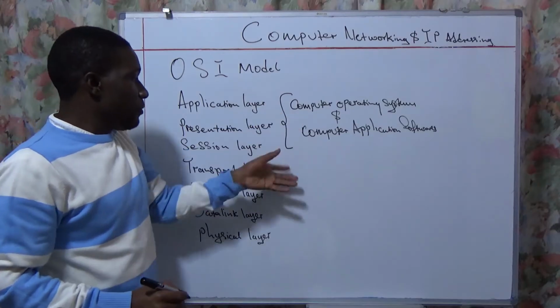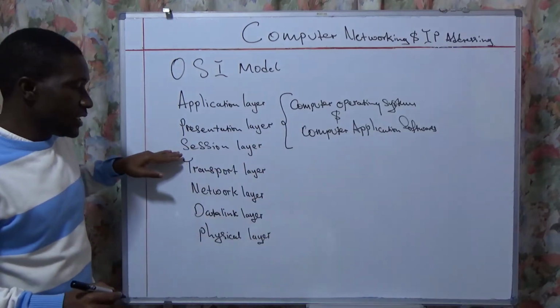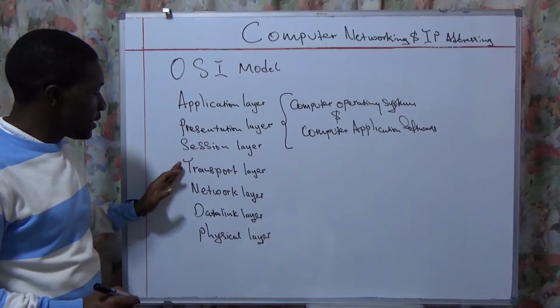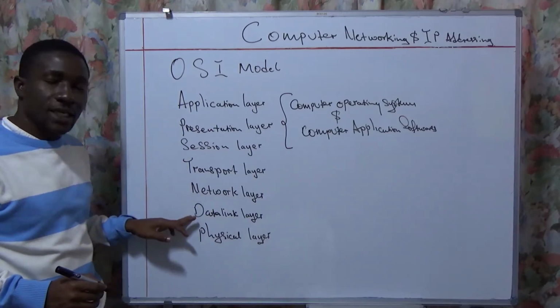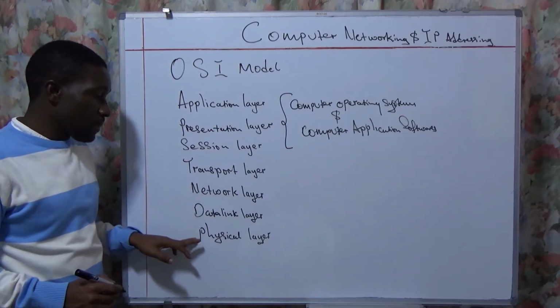But from the first 3 layers, we go to the transport layer, the network layer, the data link layer, and the physical layer.